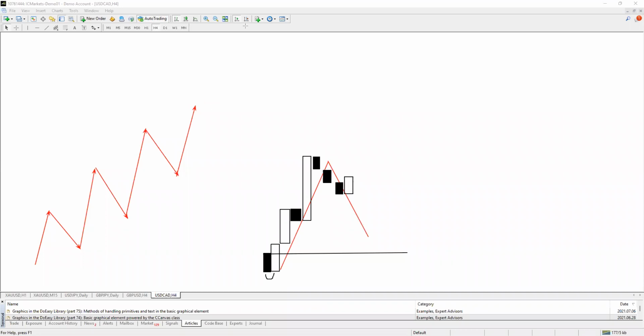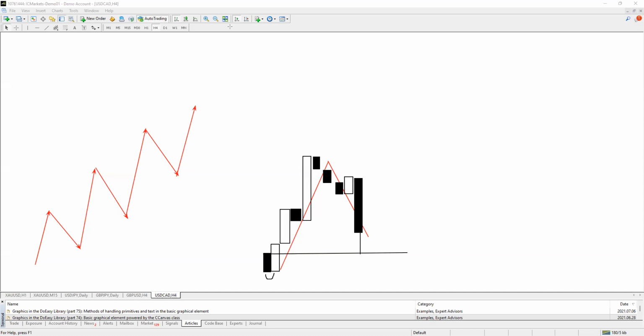Okay, and let's assume we have something deep like this. Sometimes, let me just add a wick. Something like this. Right, this is a certain time frame, and this is the last bearish candle for this upside.